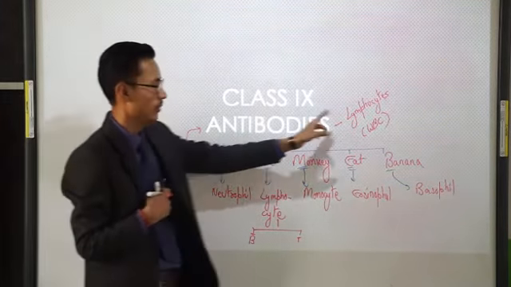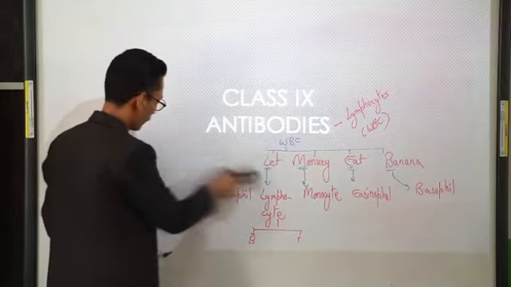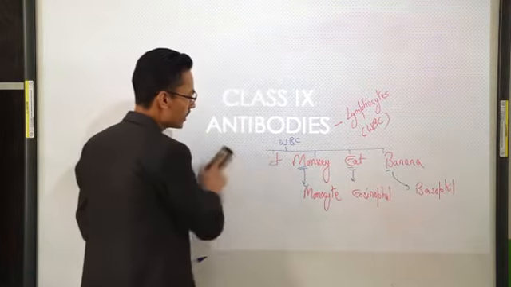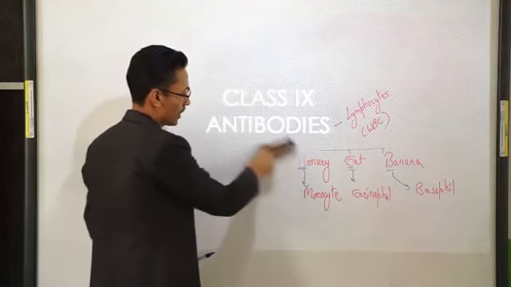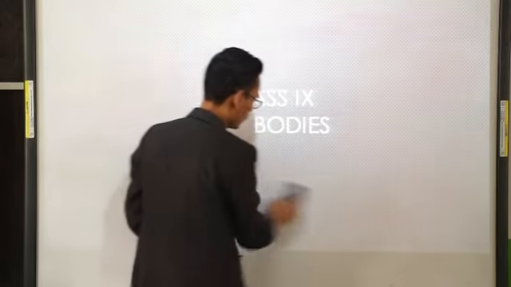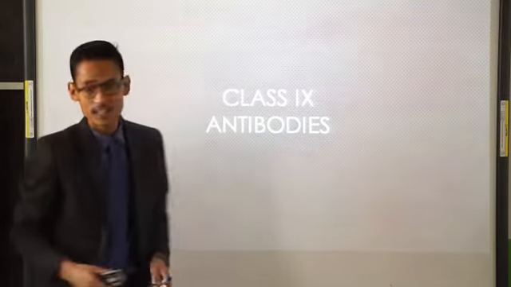Now, what are antibodies? We know that they provide body immunity. They are produced by lymphocytes, a type of WBC, whenever our body is exposed to an antigen. So what is the proper definition of antibody?